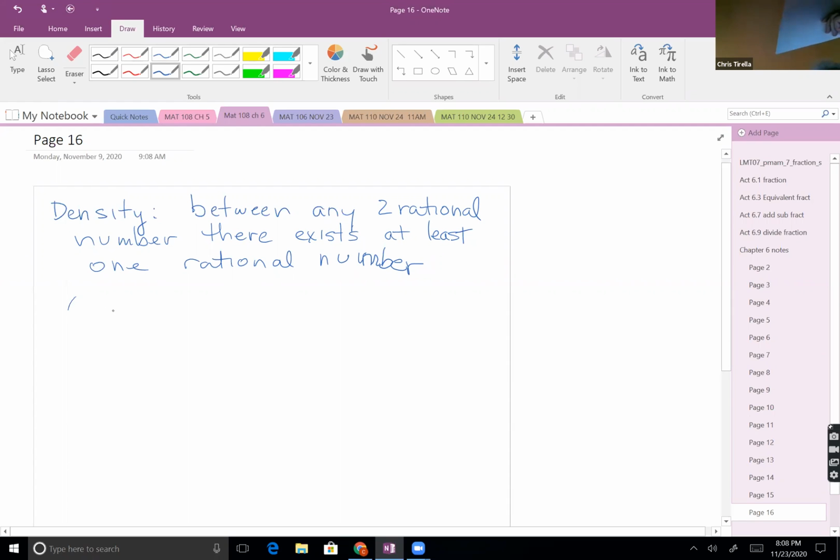And it leads us to the ideas of order, that trichotomy postulate, that A is less than B, or B is less than A, or A equals B. Only one is true.